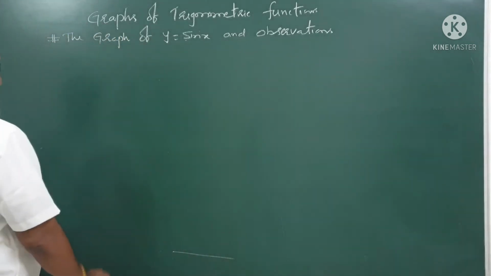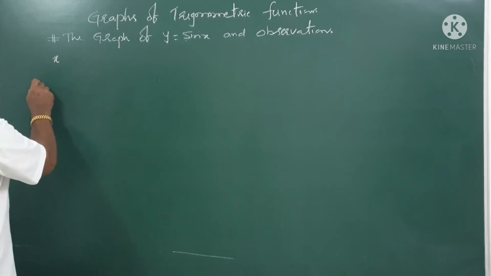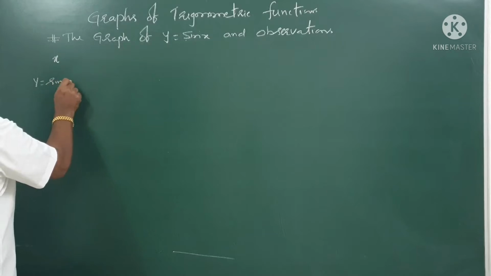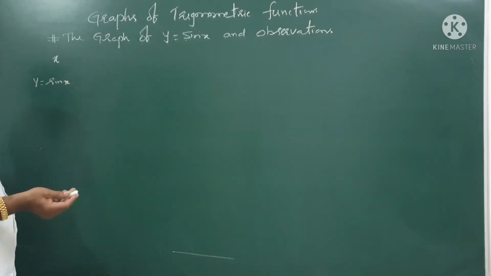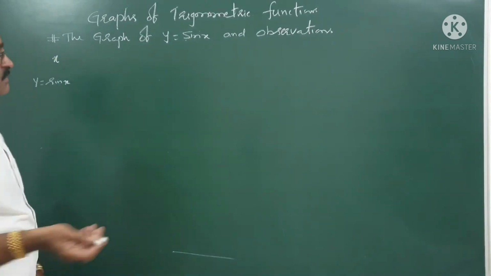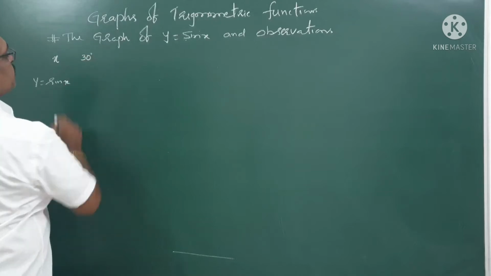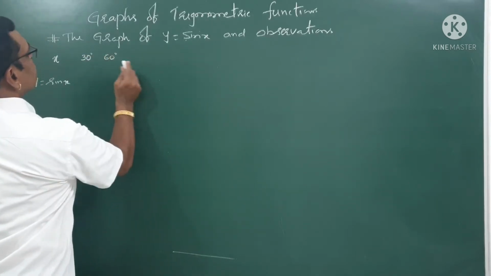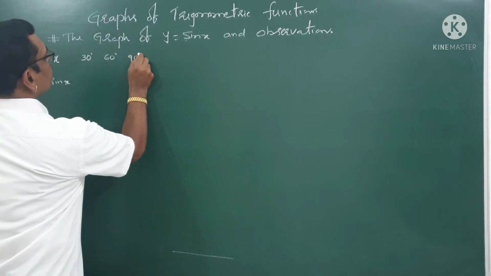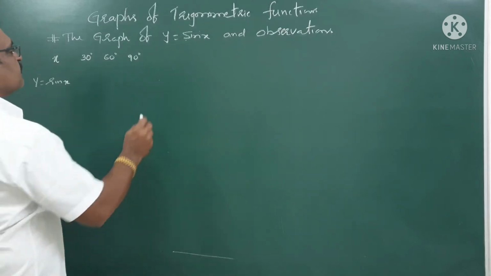First of all, y is equal to sin x. Now, I am going to give you the values of x in terms of degrees. First, I will take 30 degrees. Next, 60 degrees. Next, 90 degrees. I am taking the values of x in intervals of 30 degrees.